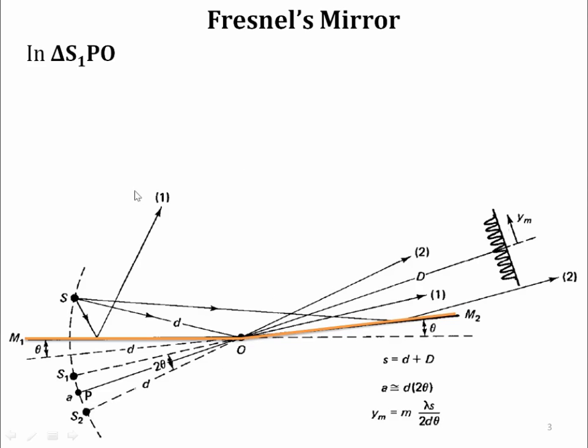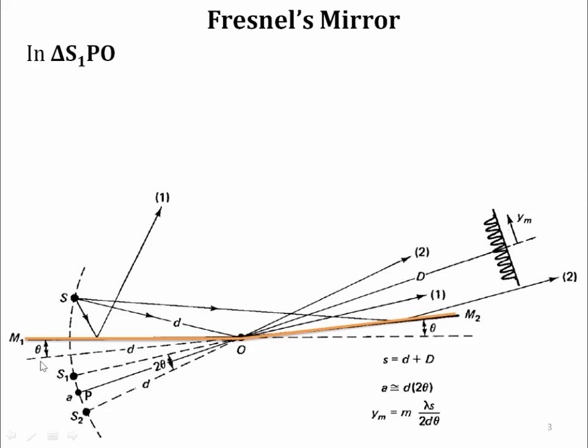That is why the images will be at a distance D from this point O. We are completing a circle, so all the points on the circumference of this circle have a fixed distance D from O.